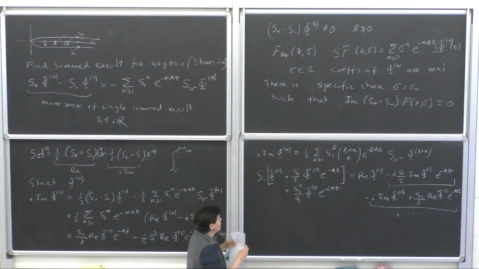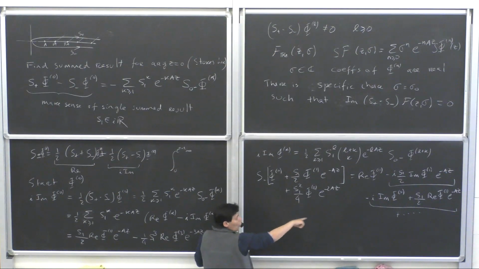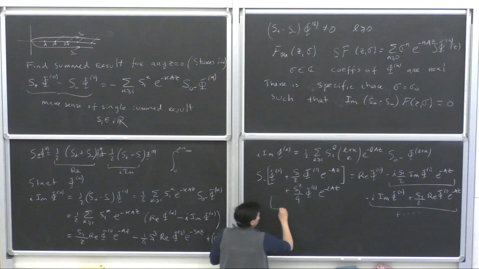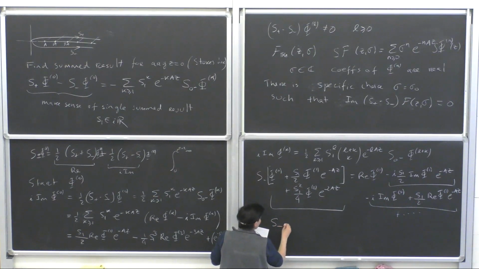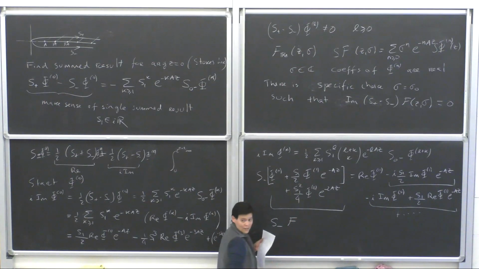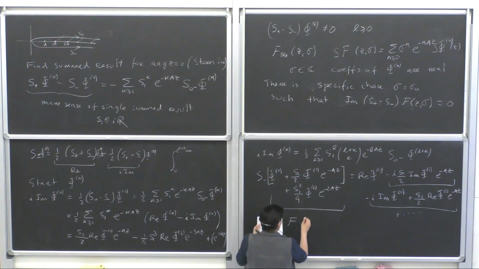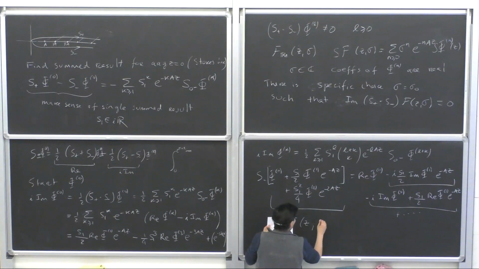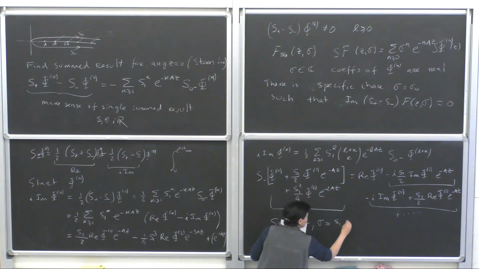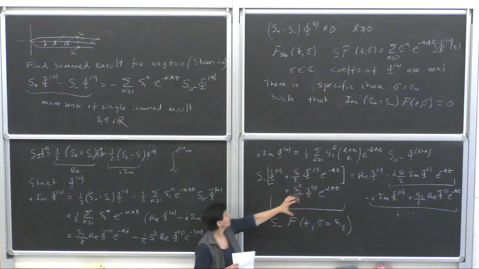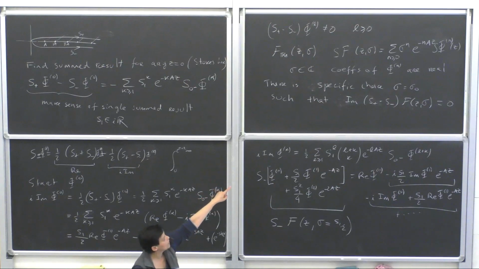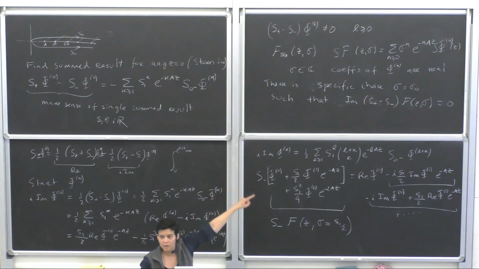In fact, if I kept on trying to cancel always the imaginary parts, what I end up getting here is S minus of the trans series Z when sigma is equal to S1 over 2. Remember that the trans series is sigma to the n, resummation, whatever resummation you're choosing.